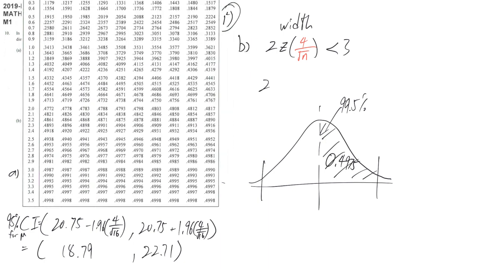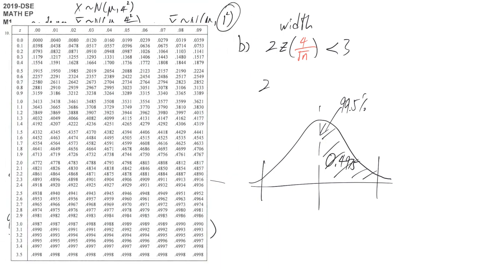Then we search the table. We find that the area is here, which means that the corresponding standard score is 2.81. So now we know that C here is 2.81.